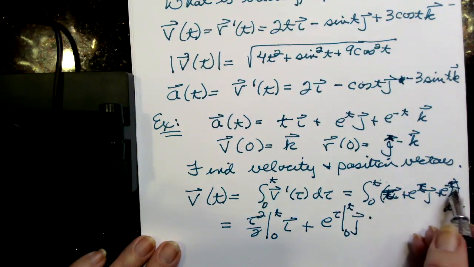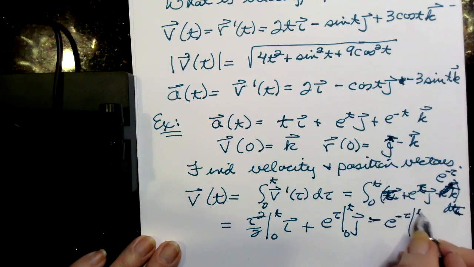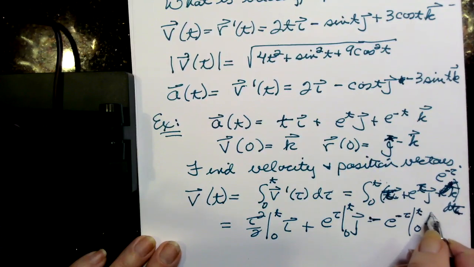And when I integrate e to the minus tau d tau, that's hard to read, so that's e to the minus tau. When you integrate e to the minus tau, you'll get minus e to the minus tau from 0 to t times k.